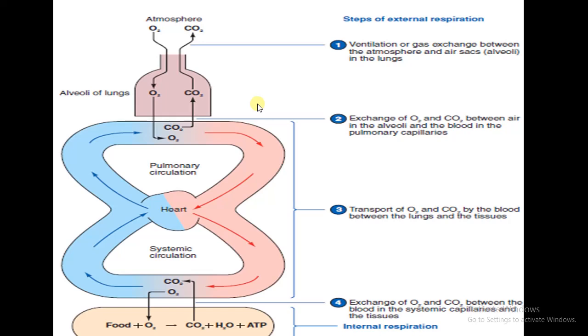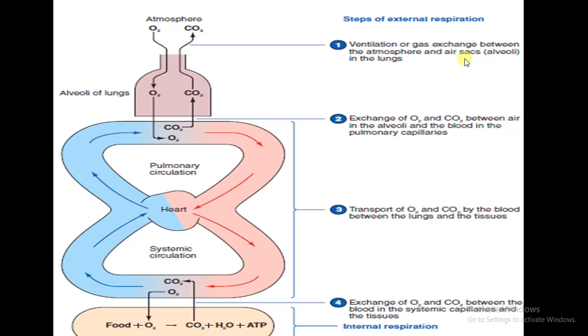So here we are on the steps of external respiration. By now we have defined the external respiration. Now we are going to see step by step the process of external respiration. The first step in the process of external respiration is ventilation. Ventilation, or the gas exchange between the atmosphere and the alveoli.